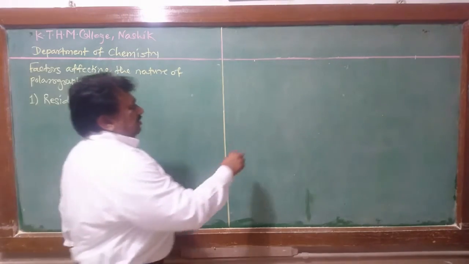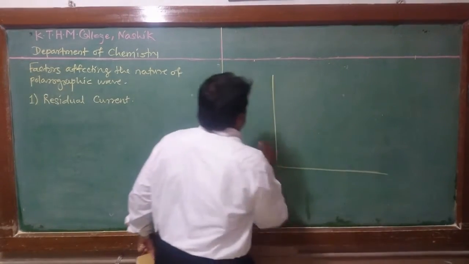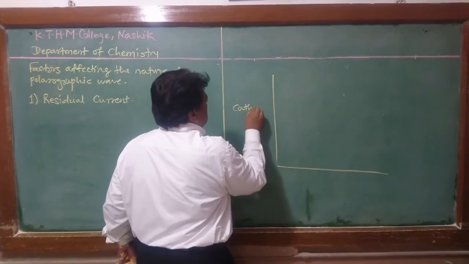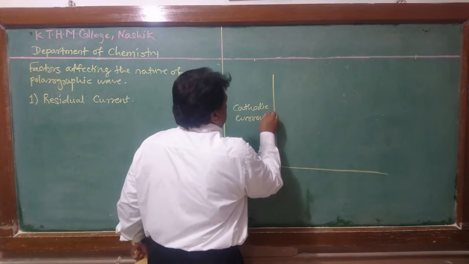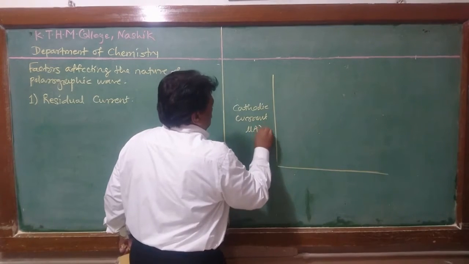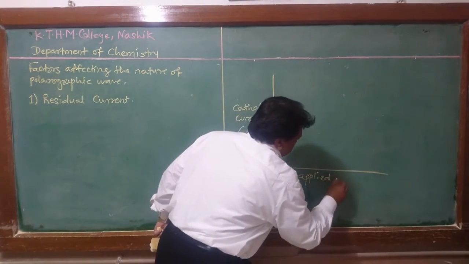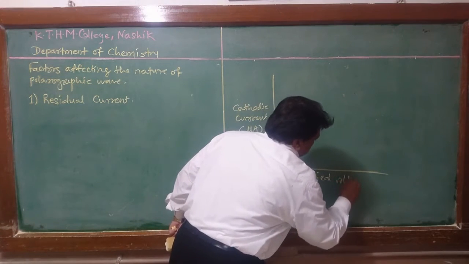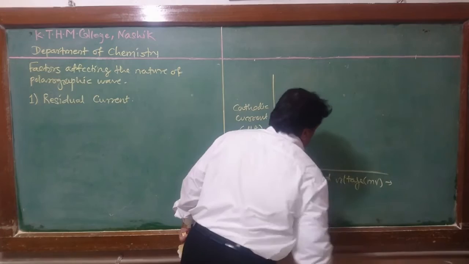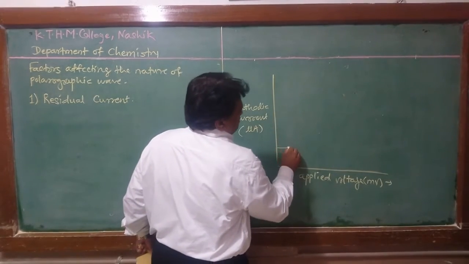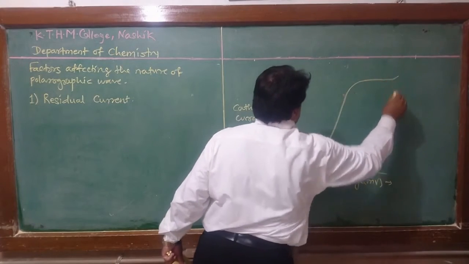Yesterday we drew the schematic representation of a polarogram, which is a graph of cathodic current measured in microampere versus applied EMF or voltage in millivolt, and we know that a step-shaped curve is obtained in this fashion.